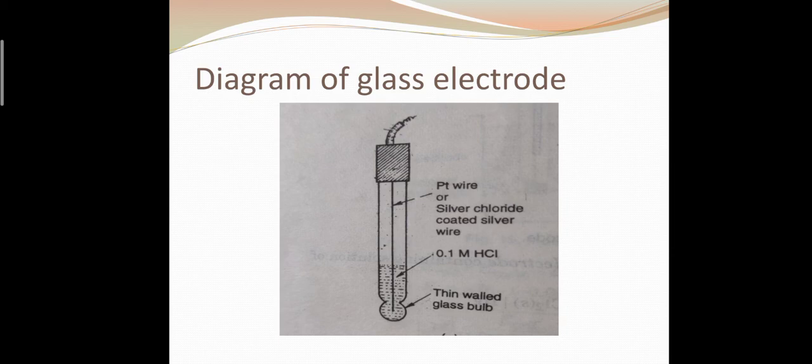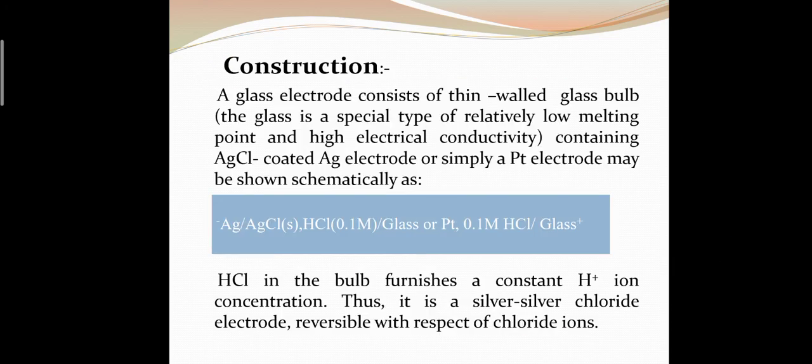When we have to calculate the pH of any given solution, we use the glass electrode and connect it in a proper circuit so that the pH value can be easily determined. The glass electrode consists of a thin-walled glass bulb.